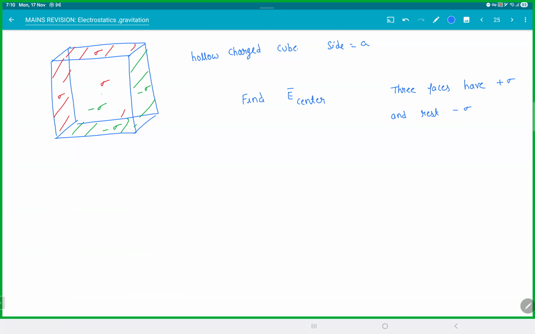No, it's not an infinite plate, is it? These are finite plates. You cannot apply sigma by 2 epsilon directly.